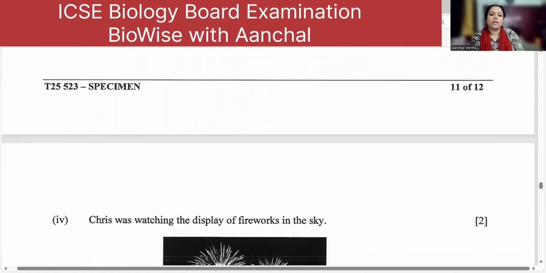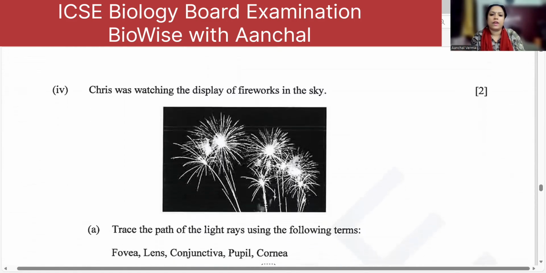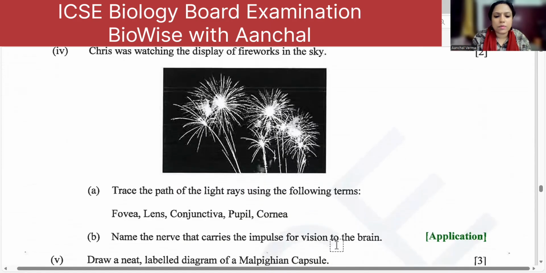Then Chris was watching the display of the firework in the sky. Trace the path of the light. Now again you have to trace the path here. The fovea will be the last, right?